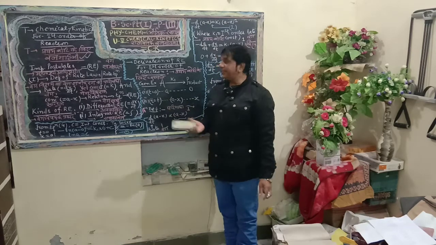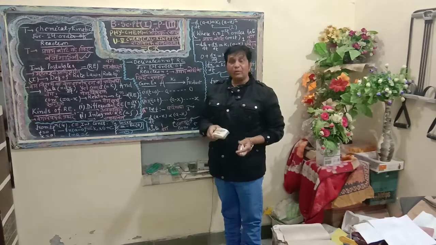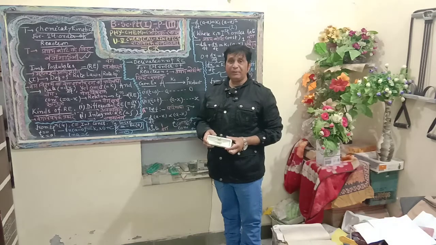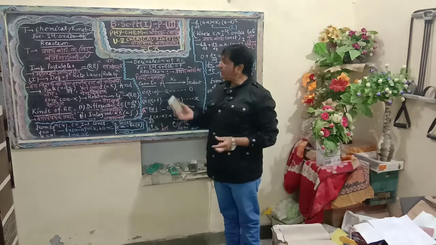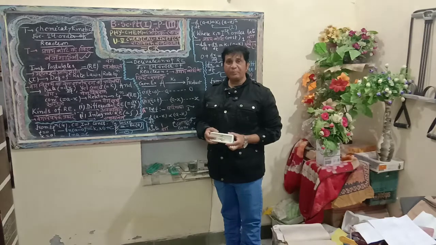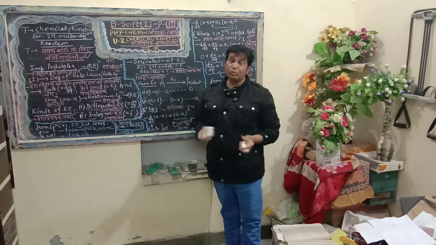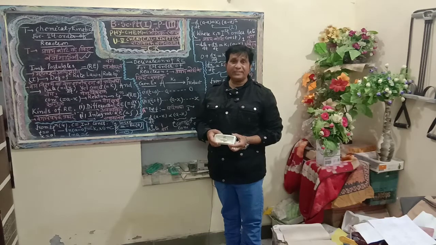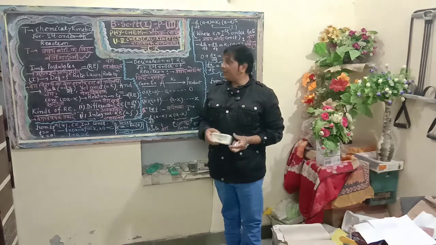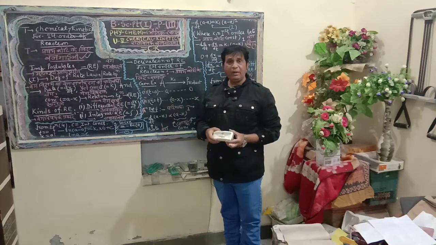Next, the calculation of the half-life period. Next, the calculation of the Wilhelmy equation. And next, the numerical problem we have to discuss and solve based on a first order reaction, and a specific example based on B.Sc Part 1.